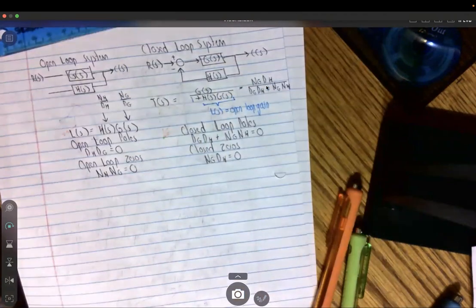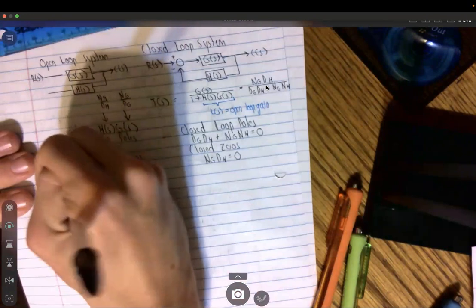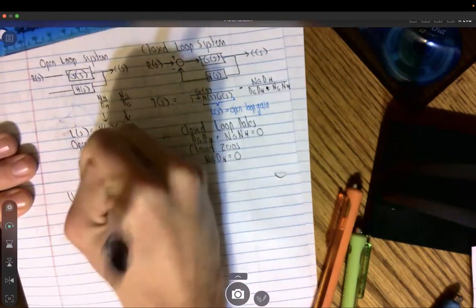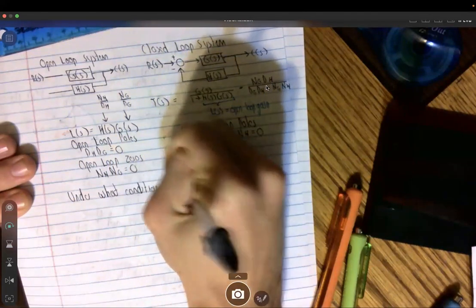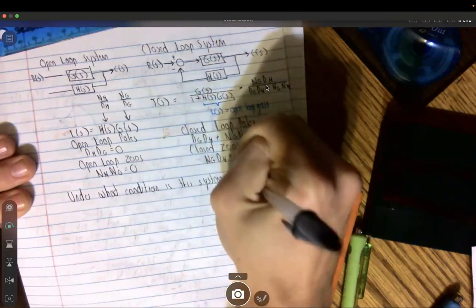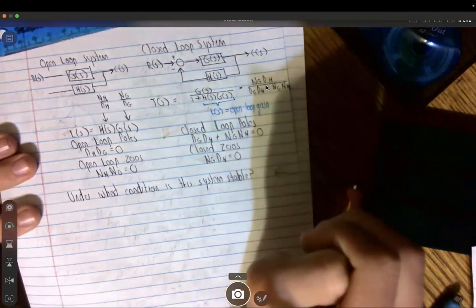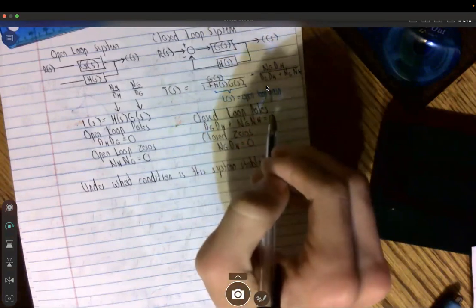Okay, so now that we got that, in order to determine our F of S, which is this entire denominator here, remember, we like to look at stability. So under what condition is this system stable? That's when our denominator equals 0, which will tell us when it is stable, so we avoid the right-hand plane.